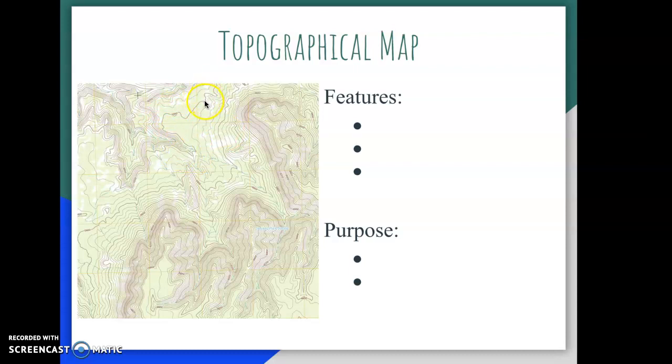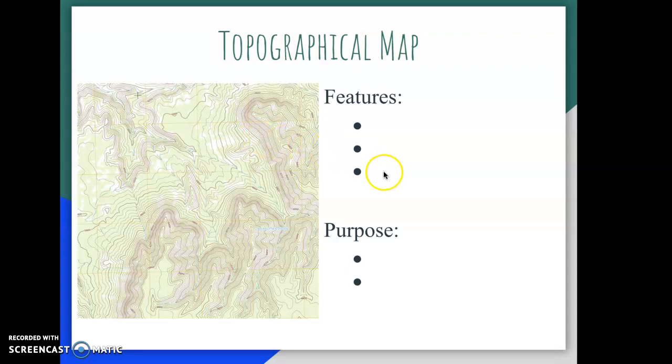And if I follow this line, it is the same elevation all the way as I follow this specific line, okay? When lines are more spread out, that means it's a slower change in elevation from one contour line to the next. When they're really, really close like this, that means it's a steep change in elevation, whether that means decreasing or increasing in elevation.